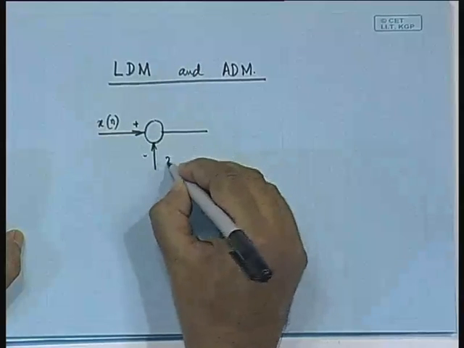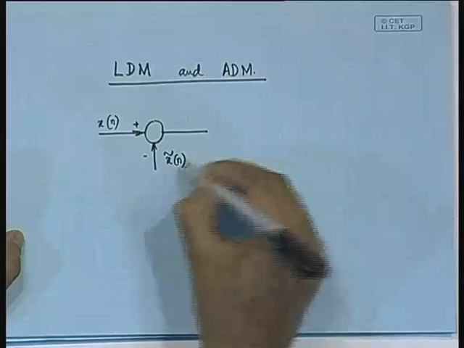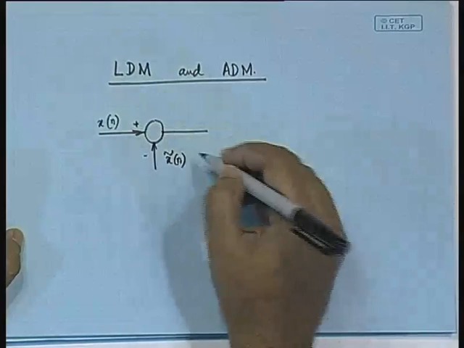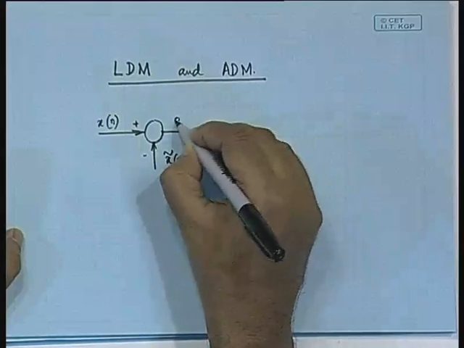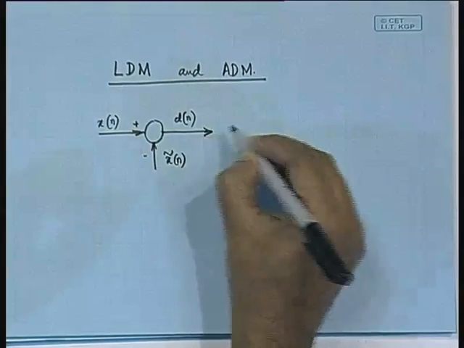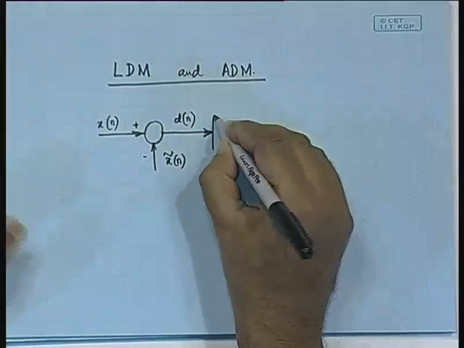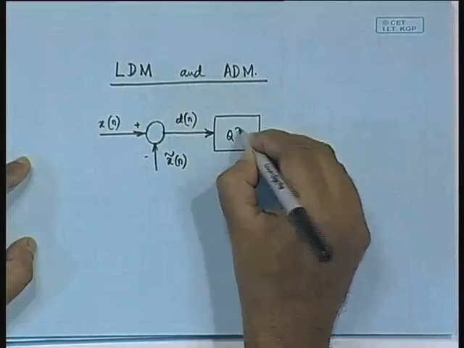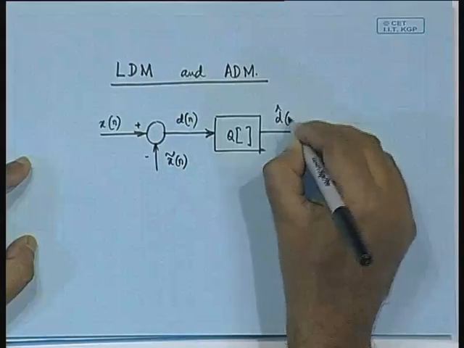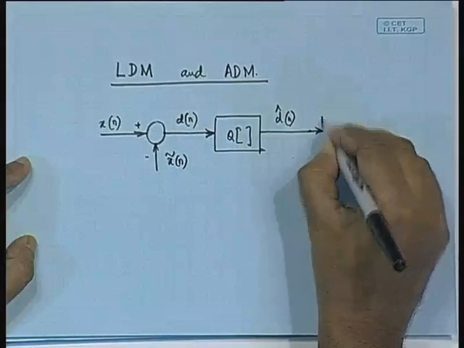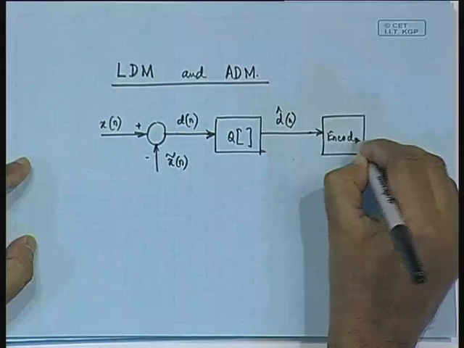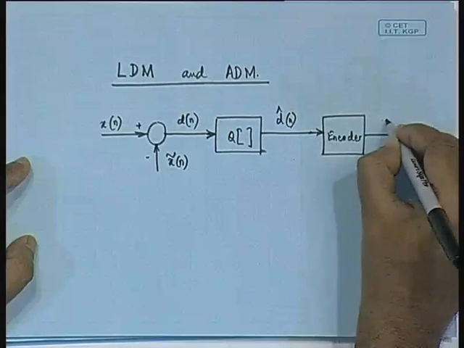So, in this input we are going to have x tilde of n, which is the predicted value of the sample, and then the difference is d of n. This is the same as what we had seen for the differential quantization. So, there will be Q, that is the quantizer module, and here we are going to get d cap of n, and then we are going to have the encoder, and then the encoded output will be c of n.